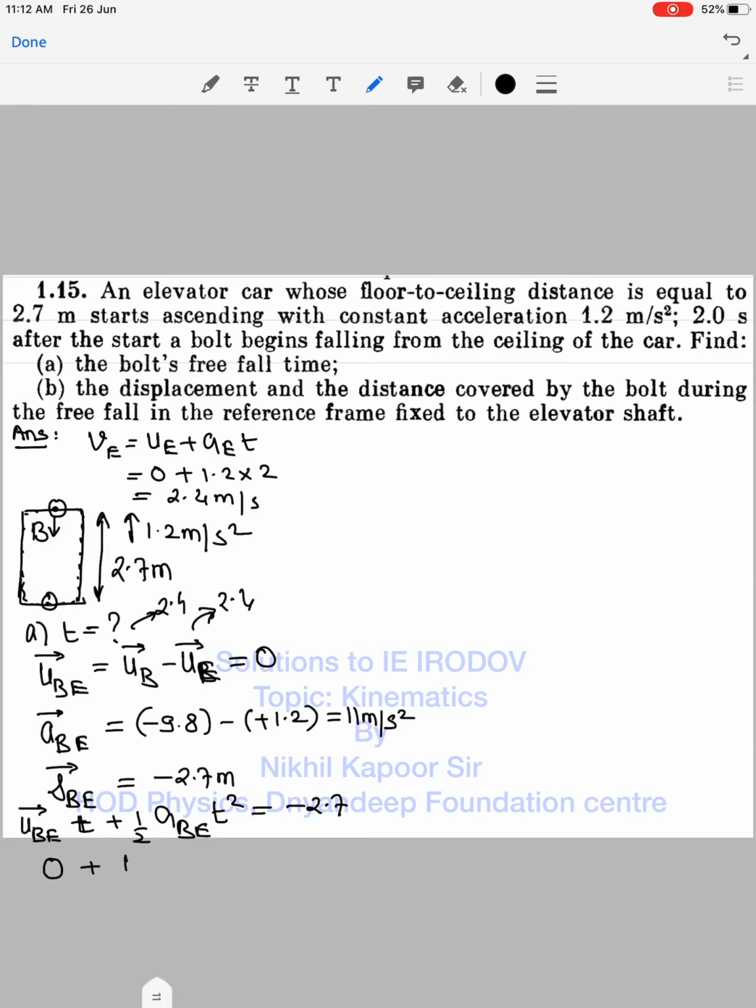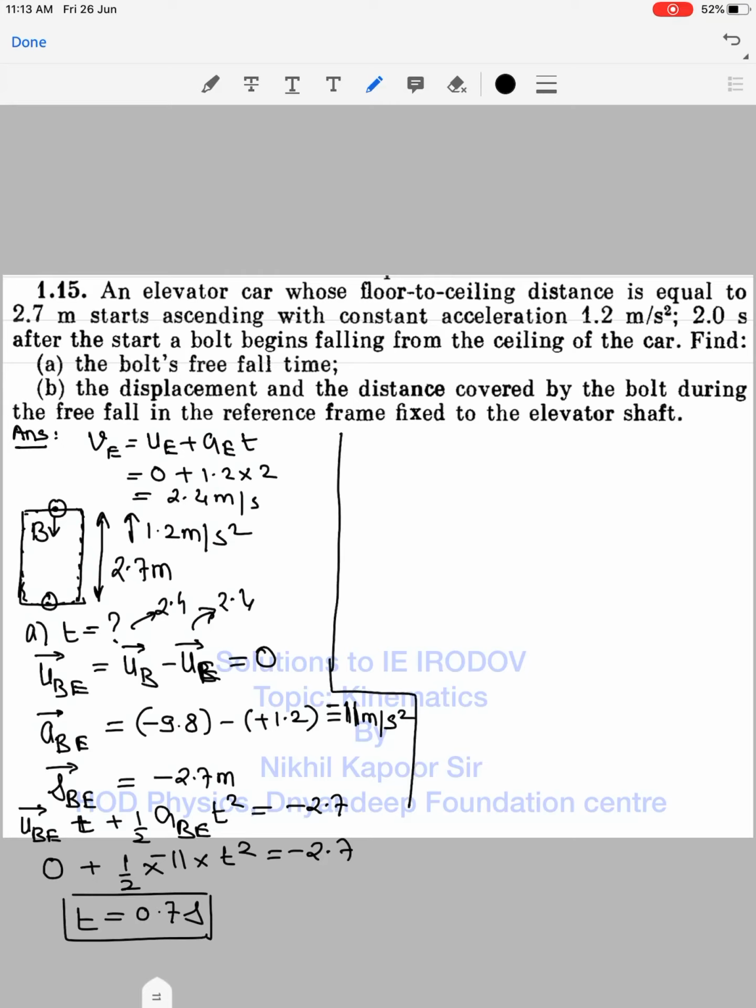So the initial velocity of bolt with respect to elevator is 0, half into 11 into t square, where t is the time we need to find, equals minus 2.7, and this is also minus because it is going down. On solving you will get t approximately as 0.7 second. And that is the answer for the first question, which we have found with respect to elevator.